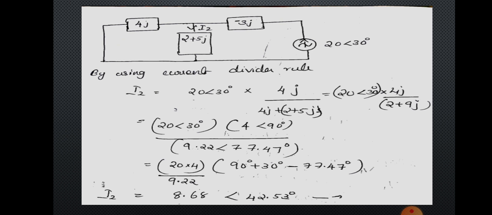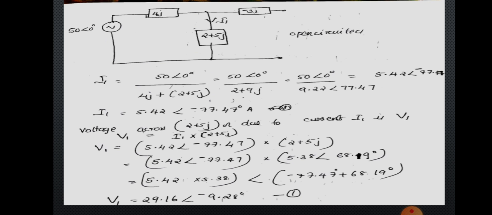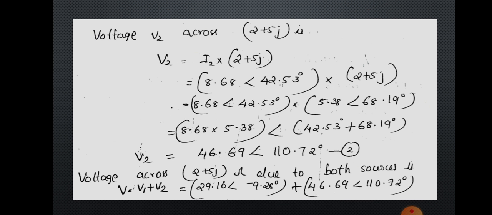See, in the second case I2 is flowing downwards. Similarly in the first case I1 is flowing downwards. So the voltage drop has the same sign. So you can add both of these, V1 plus V2, to give the total voltage.